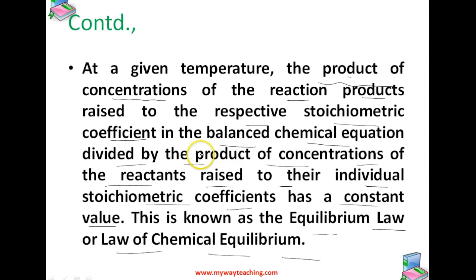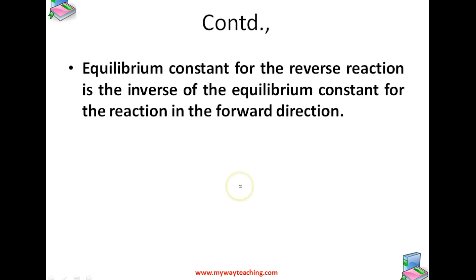What do you mean by law of chemical equilibrium? Please note down: at a given temperature, the product of concentrations of the reaction products raised to the respective stoichiometric coefficients in the balanced chemical equation divided by the product of concentrations of the reactants raised to their individual stoichiometric coefficients has a constant value. This is known as the equilibrium law or law of chemical equilibrium.